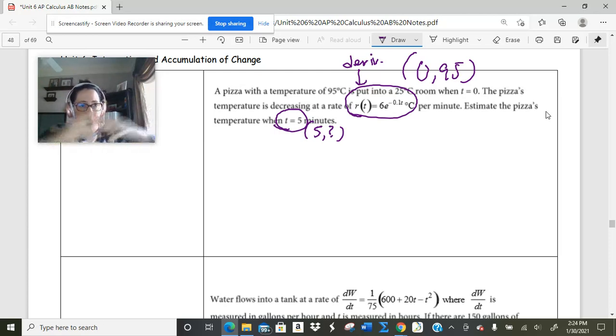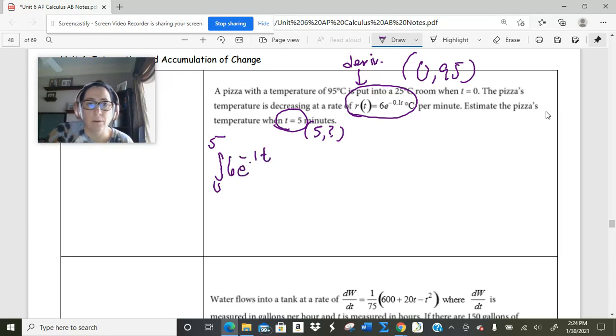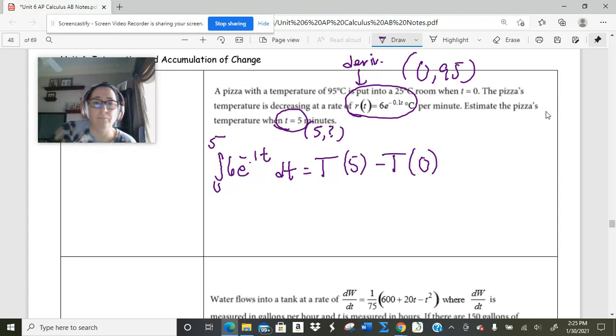Fundamental theorem of calculus all set up. So I'm going to go from 0 to 5 of the derivative. And this would be the antiderivative, whatever you want to call it. I'm going to call it the temperature, so T, okay? The temperature of 5 minus the temperature of 0.